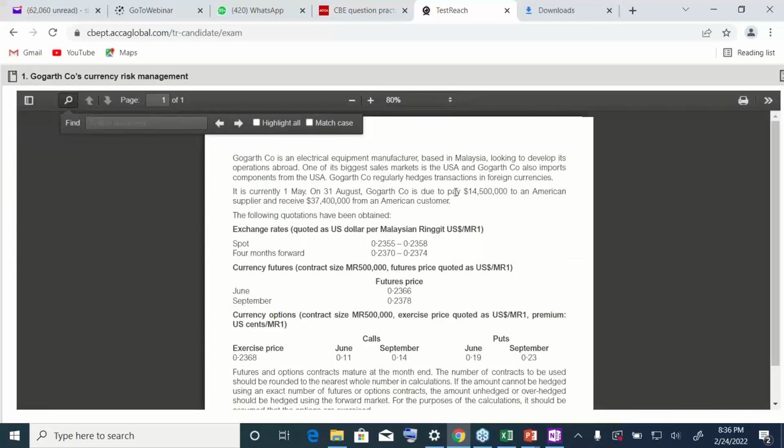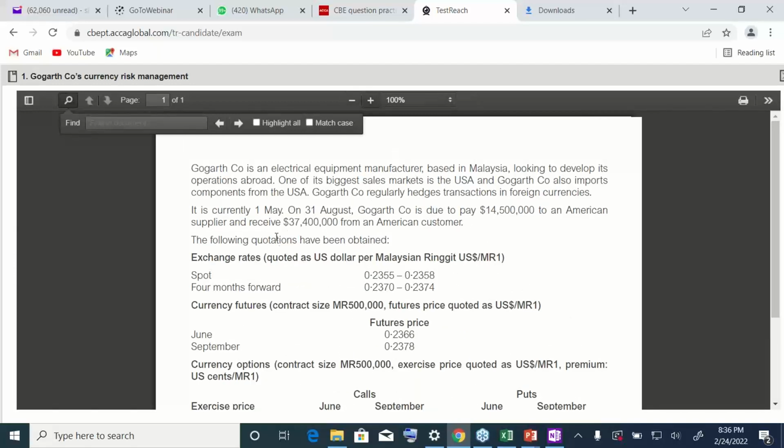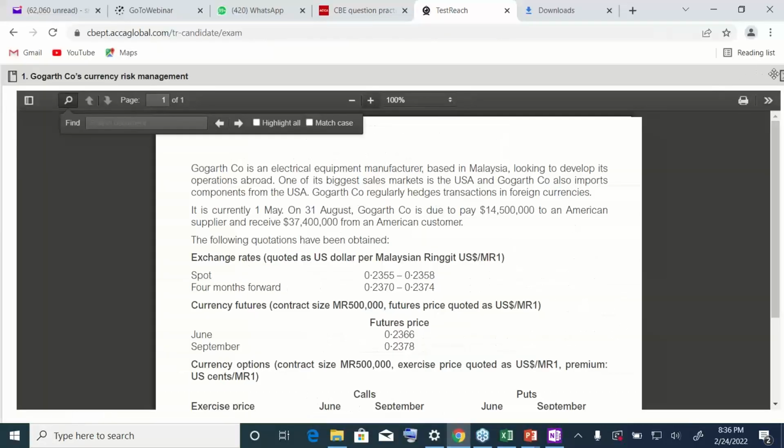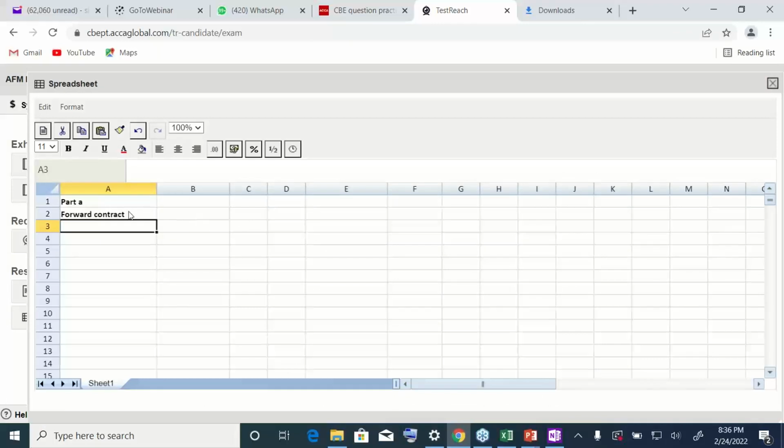Okay, the company is due to pay 14.5 million and is due to receive 37.4 million. Before the forward contract, let's calculate the net receipt.